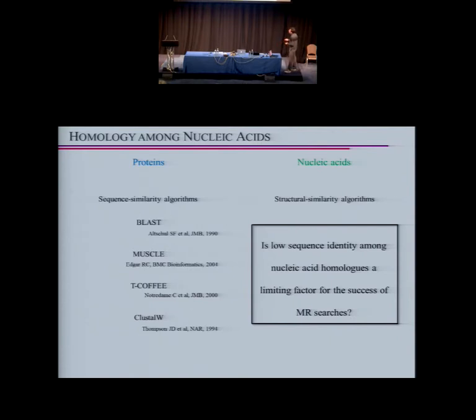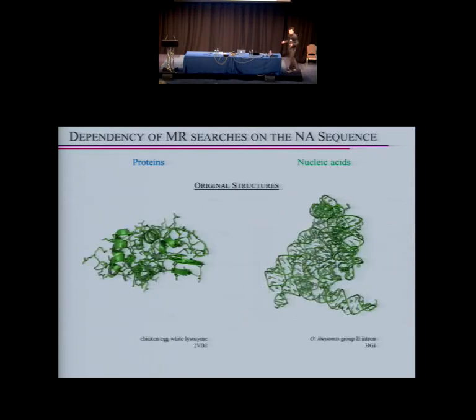I tried to investigate this point by performing some simple experiments using lysozyme as a test case for a protein structure, and the structure of a group 2 intron, which, as I mentioned, is the focus of the research in our lab and was also my major project in the last 2 years in the lab.